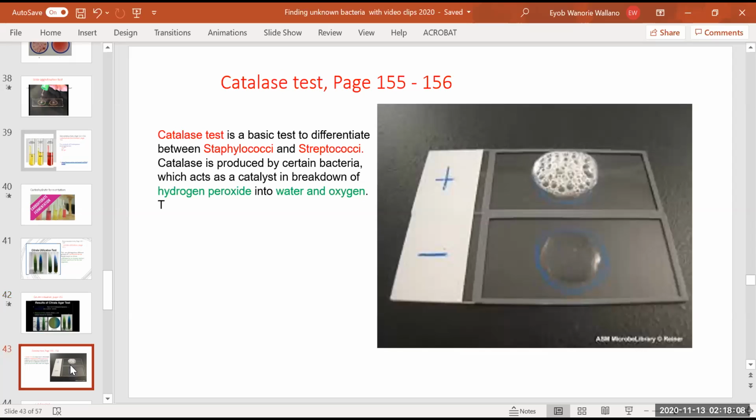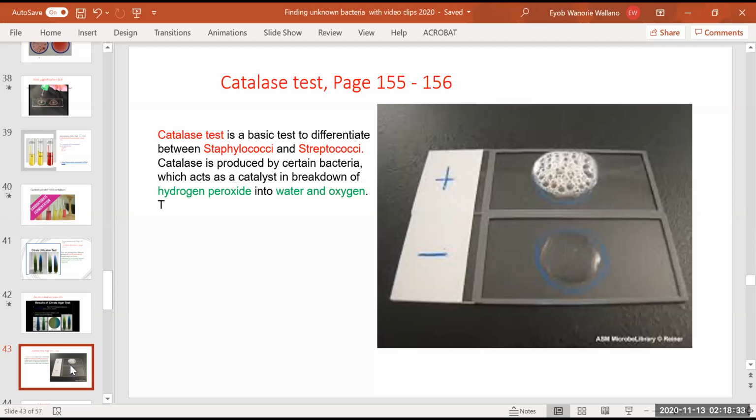Now, the catalase test is very interesting also. Catalase is very important. You remember when we say catalase, coagulase. Staphylococcus or staphylococci has a coagulase enzyme.